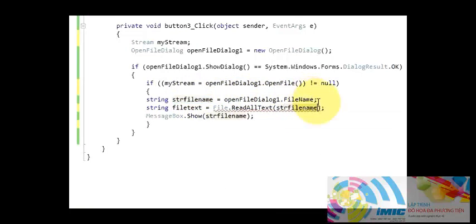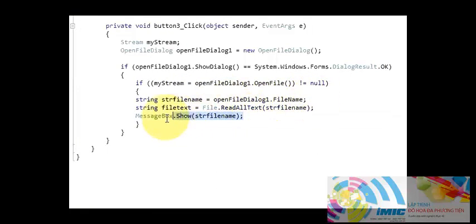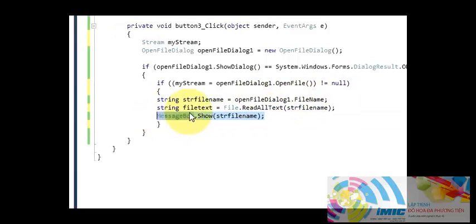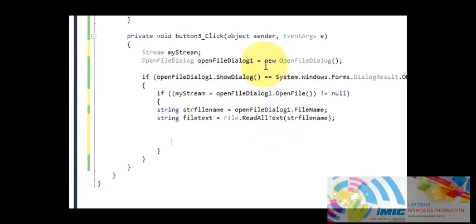So copy it and paste it here. We don't need this show message box because we don't want to show the text in the message box. We want to show the text in the rich text box.